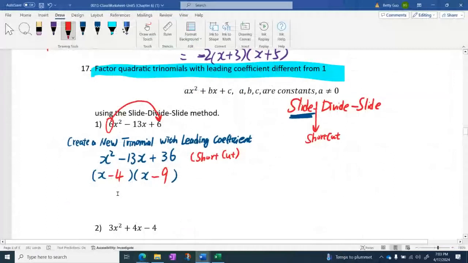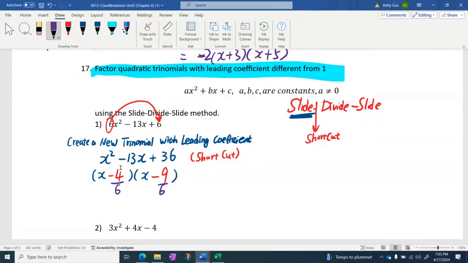Divide what by what? Divide the two integers you just found, which I wrote in red, by the original leading coefficient. The original leading coefficient is 6, right? The one we slid away. I'm going to use a different color. Use black here. Divide by 6. That's the second step, divide.